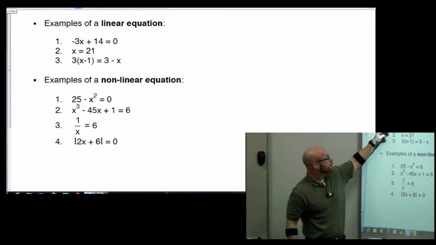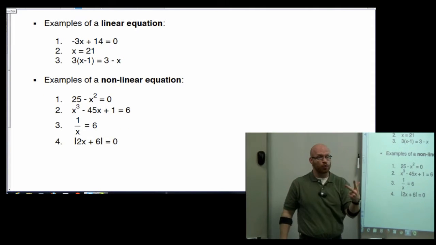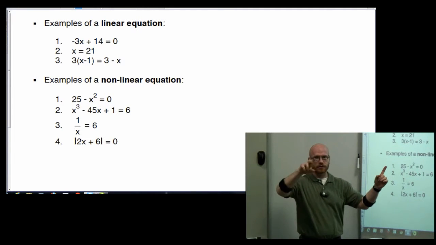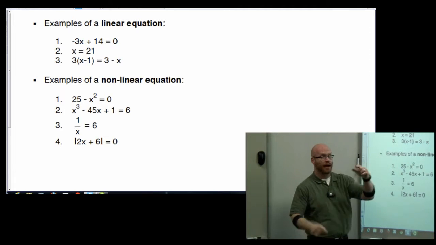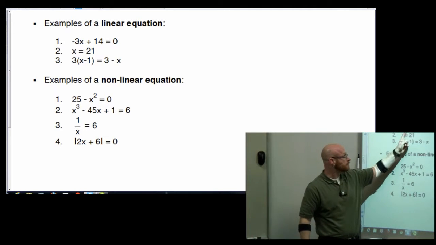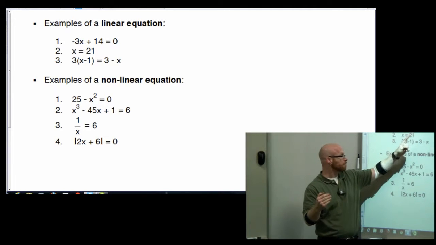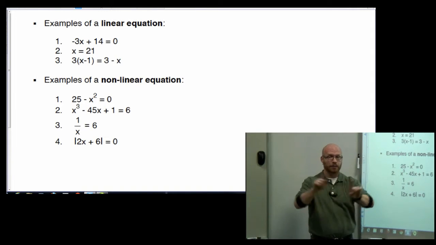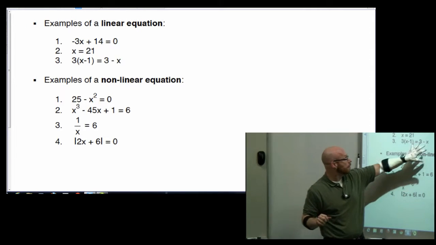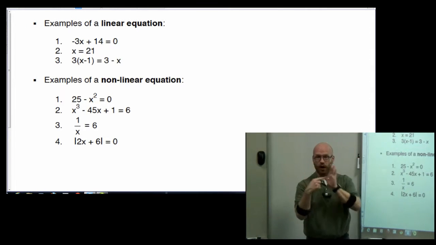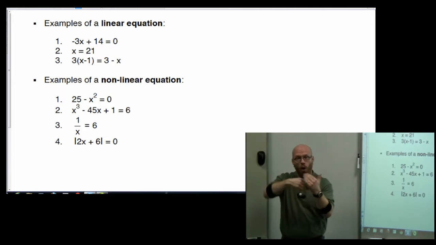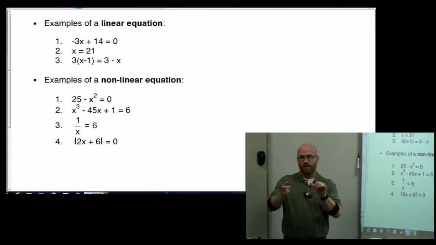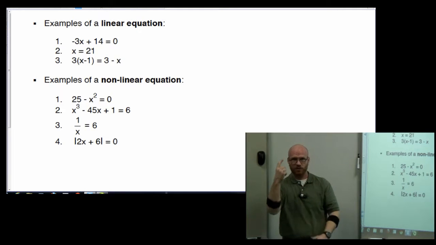We have here 1, 2, and 3, which are all linear equations. We have negative 3x plus 14x equals 21, and 3 times x minus 1. There is one variable, and all the variables are to the first power, meaning their exponents are 1.